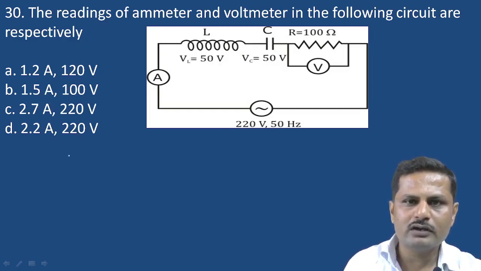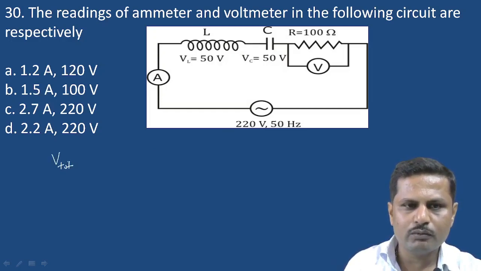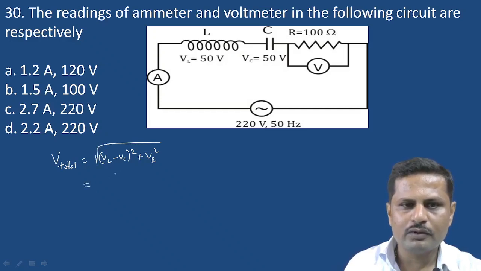Or else, V total equals the square root of VL minus VC whole square plus VR square. VL minus VC is 0, so V equals VR, which is 220 volt.